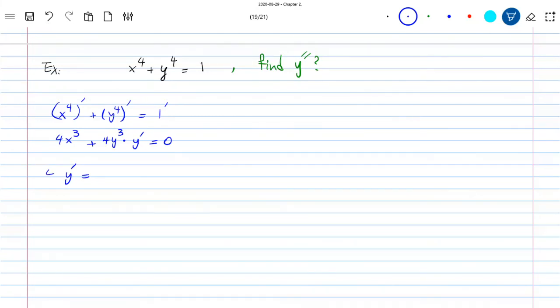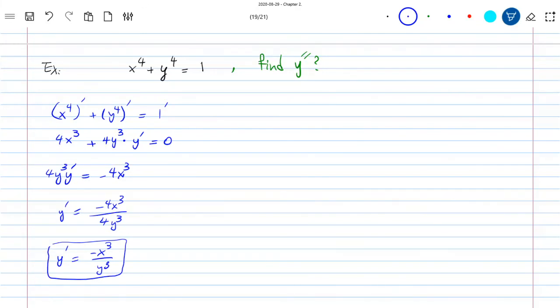Let me write it step by step again, make sure everyone follows the steps. I subtract the 4x cubed, then I divide by 4y cubed. So you get y prime equals -4x cubed divided by 4y cubed. You can cancel out the 4's, so y prime becomes -x cubed over y cubed. We found y prime.